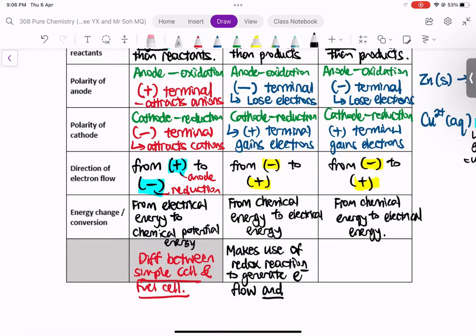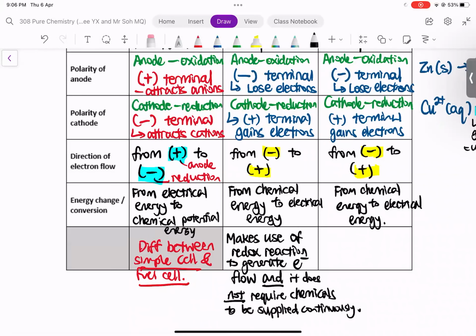And it does not require chemicals to be supplied continuously. Okay, this is an important concept.